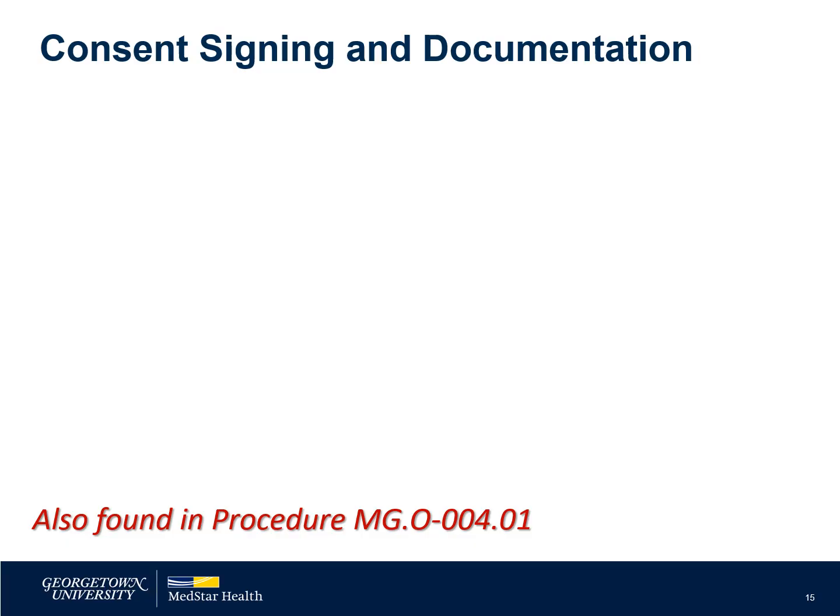Following consent, signing and documentation guidelines are the same as what was presented in Procedure MG-O-004.02. A signed copy of the consent form, as well as other documentation about the research, such as calendars or instructions, must be provided to the subject and/or LAR as appropriate.